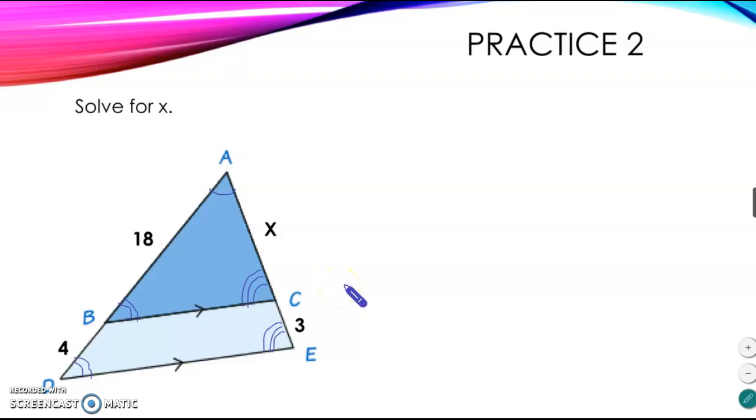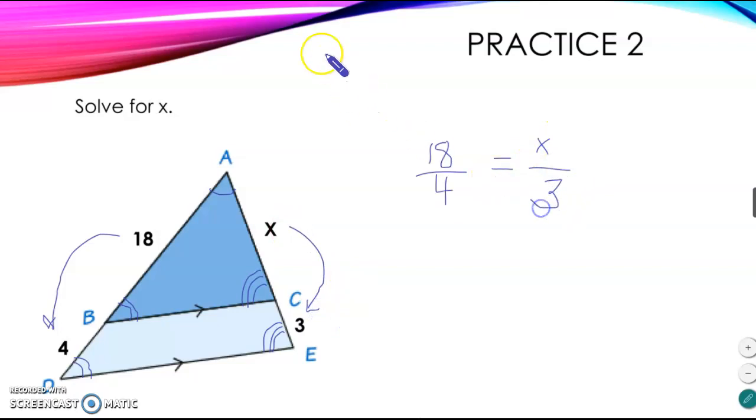And the neat thing is this actually does work if we set up a proportion with the sides that we see. I know that this large triangle actually has a side length of 18 plus 4, but the proportion does work if we just do 18 over 4 and make that equal to the two sides on the right, which is x over 3. So we're going to start cross multiplying to solve.